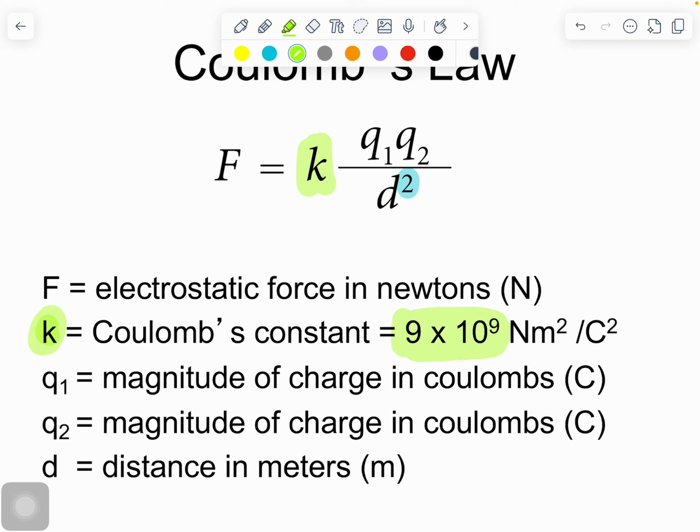So that brings us then to the letter Q. The letter Q, if you notice, is in the equation twice. Well, that's because we have two charged objects. So when you are filling in your givens into the equation for Coulomb's law, you have to have both Q's. If you're finding that you only have one, you need to go back and read the problem.